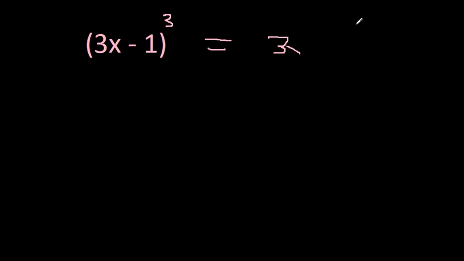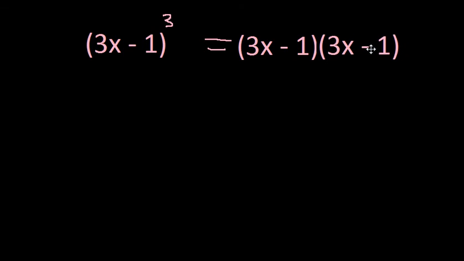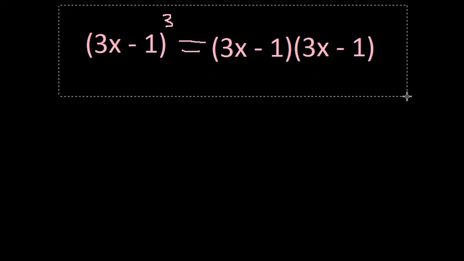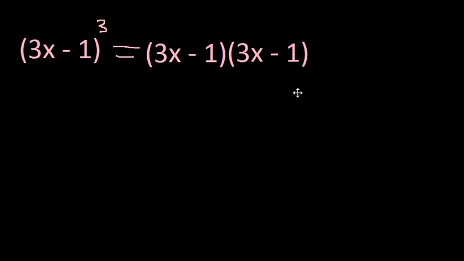Instead of doing it this way, you're going to have to expand this out and recognize that the cubed binomial is actually 3 factors of the binomial multiplied together. That's just what cube means. That exponent means how many times the base is being multiplied together.